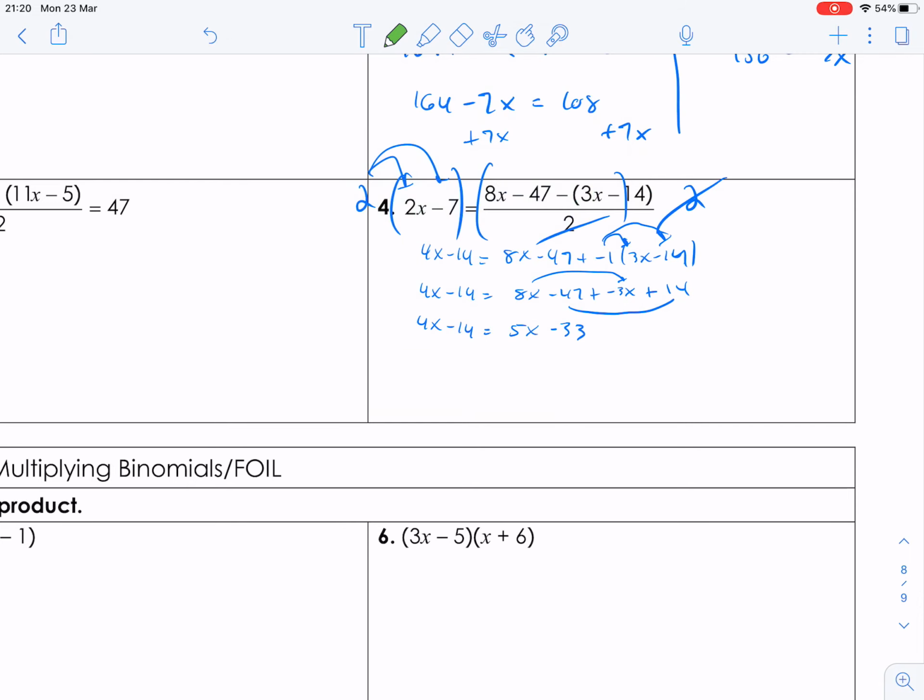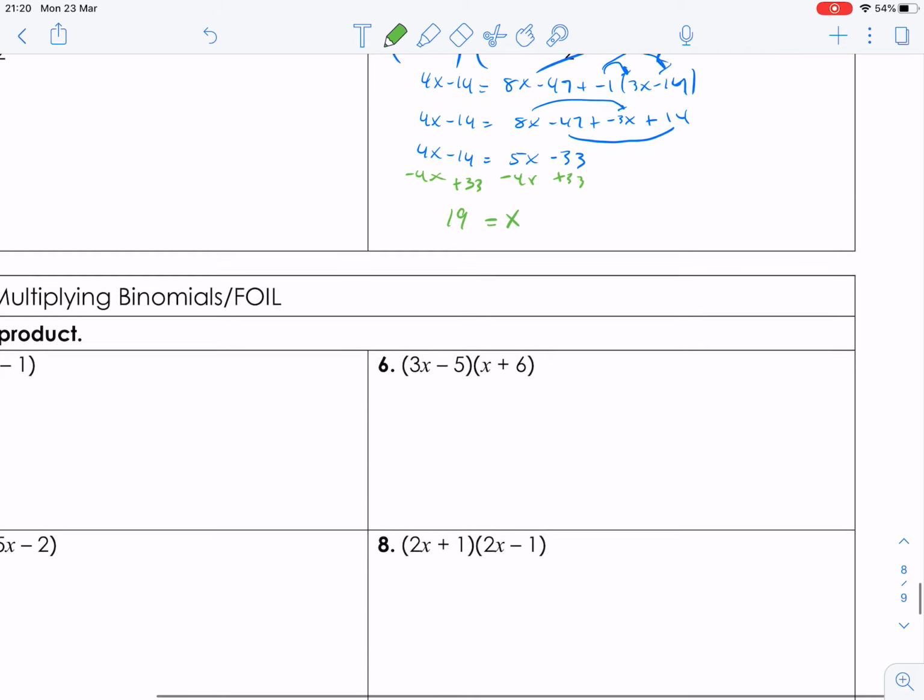So I get, subtract 4x, add 33, I get x equals negative 14 plus 33, which is going to be, let's see, so we subtract 14, that's going to be 19. 19 plus 14, 29, yeah, there we go. So there is x. You can always plug it back in and check if you are not sure.